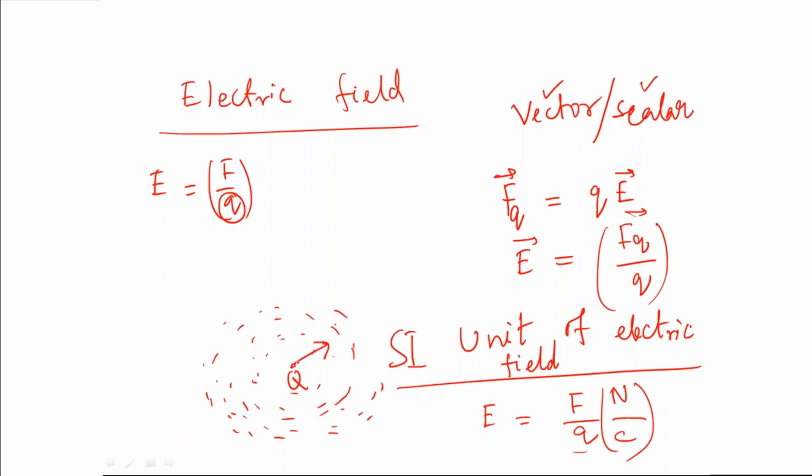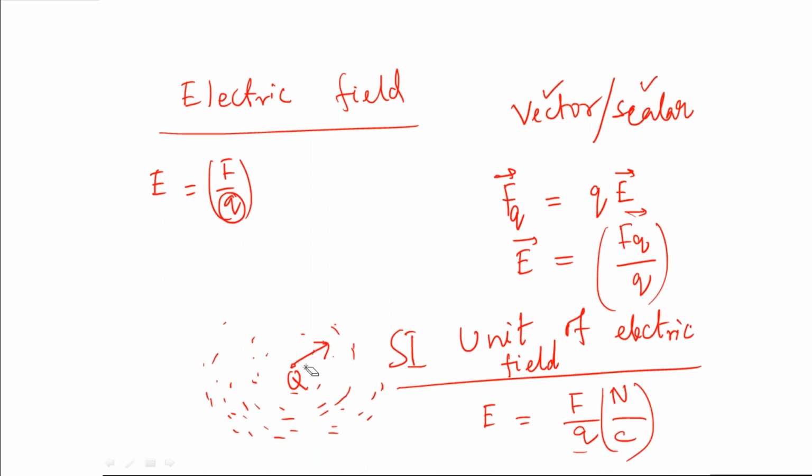That means the electric field over here, over here, or at a very far distance will not be the same. The magnitude will not be the same. So it has a space variation.